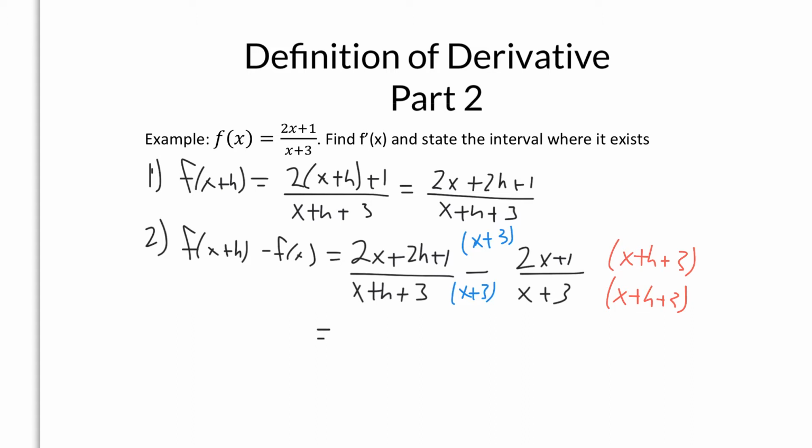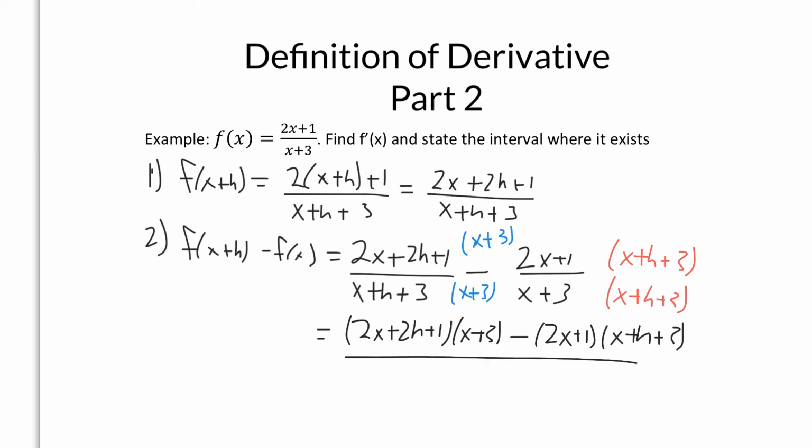So that will give (2x+2h+1)(x+3) minus (2x+1)(x+h+3), all over (x+h+3)(x+3).